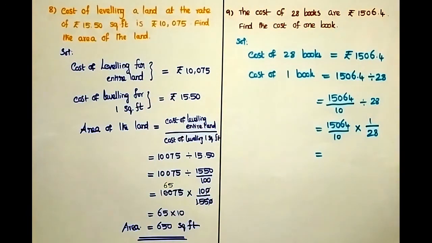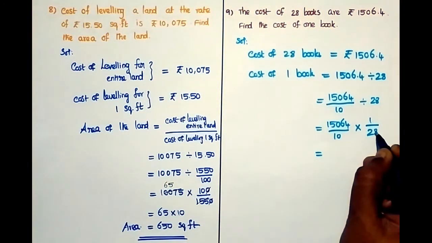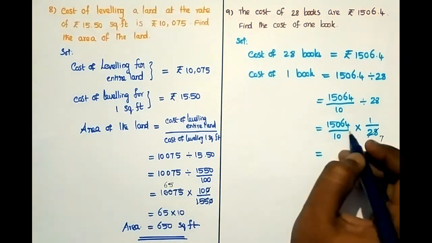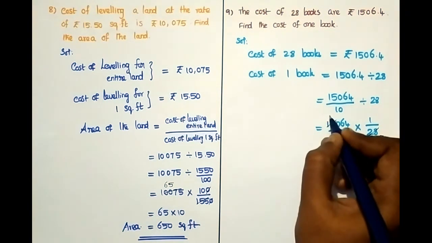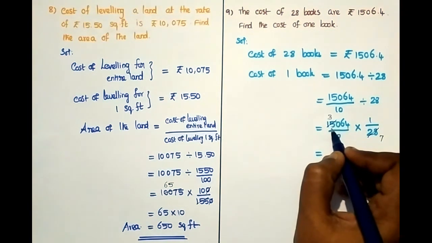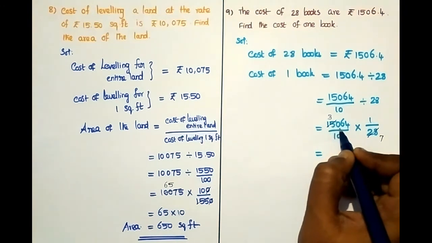Now cancel these numbers. First cancel this number by fourth table. 7 4s are 28. Here 3 4s are 12. Balance 3, 30.